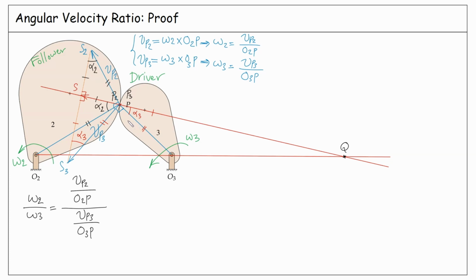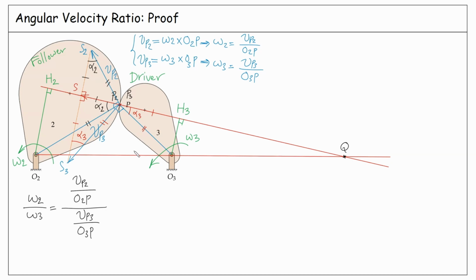We need to add two more lines. A line from the center of link 2 here, perpendicular to the line of transmission. Let's call the intersection H2. Similarly, a line from the center of link 3 perpendicular to the line of transmission, and we call the intersection H3.